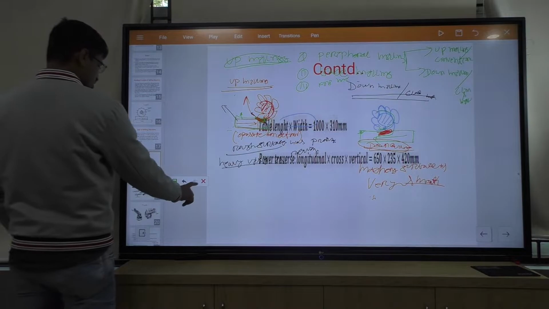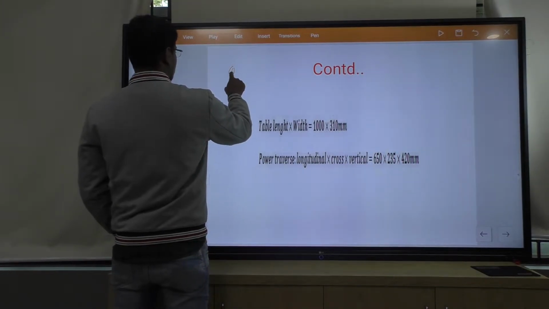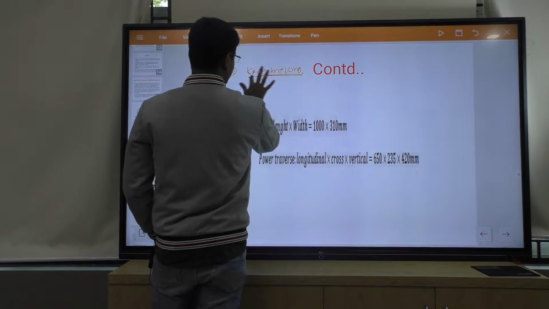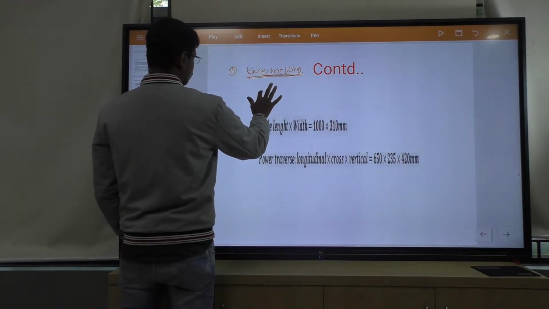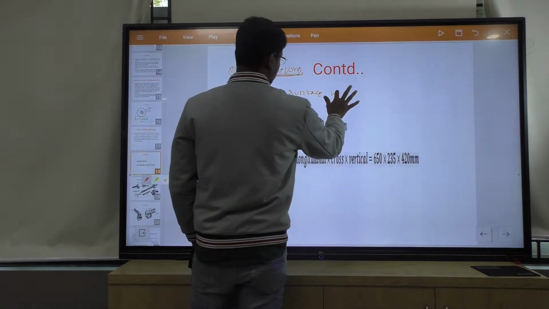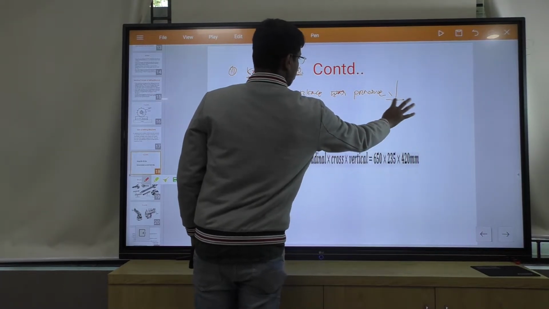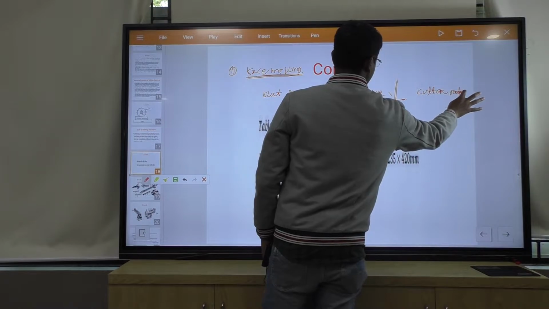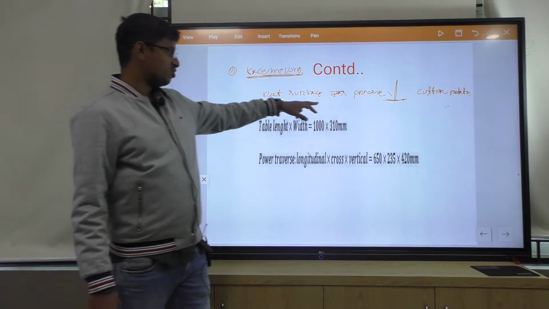Then we will discuss what face milling is. In face milling, a flat surface is produced on the workpiece.